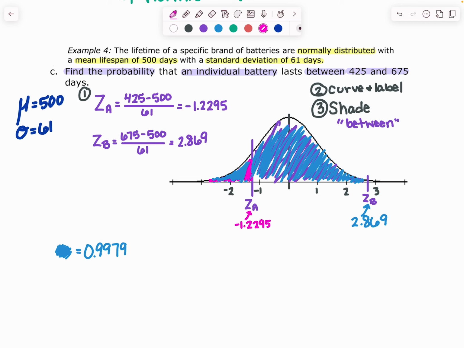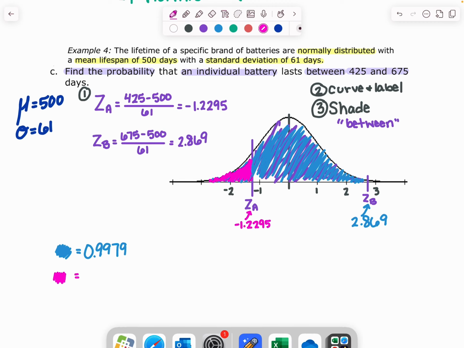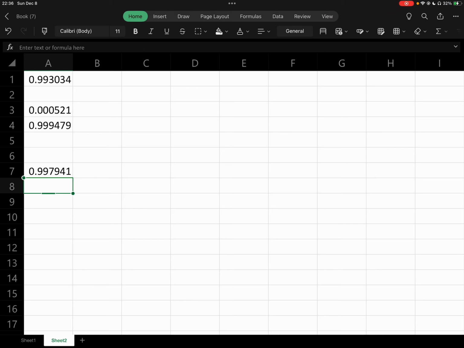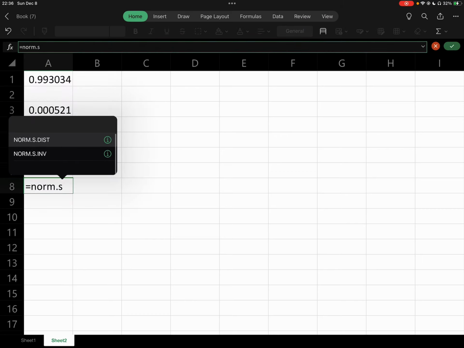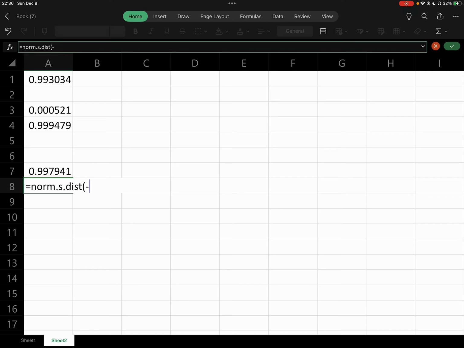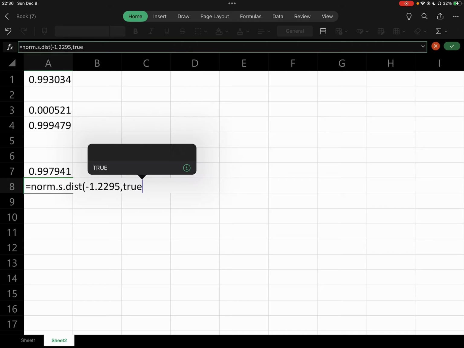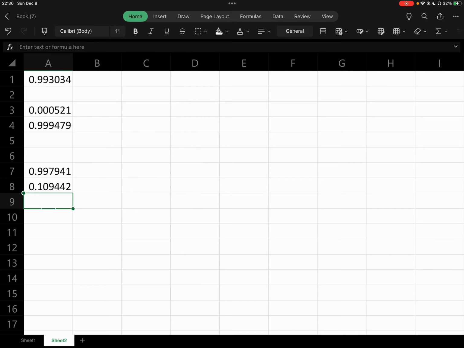So now I'm going to find this section up here in pink, which is everything less than ZA. So let's go find that area. Equals norm.s.dist negative 1.2295, comma, true. 0.1094.